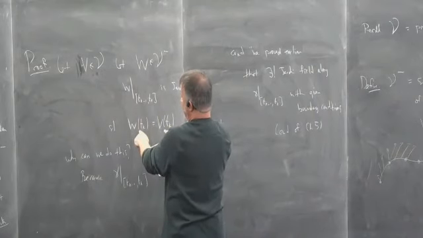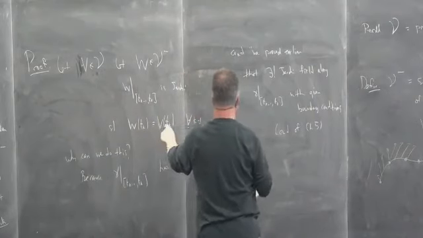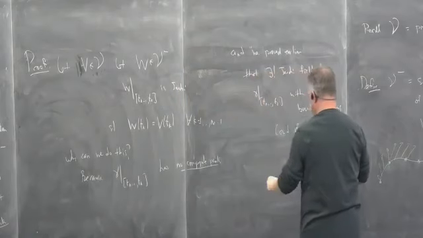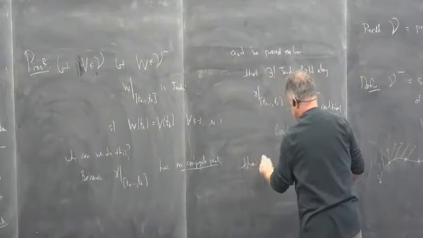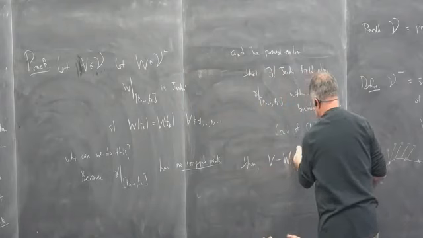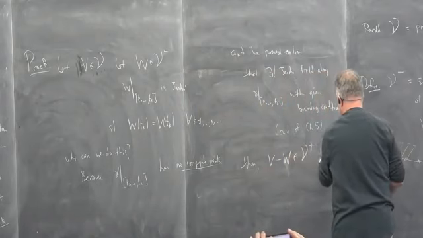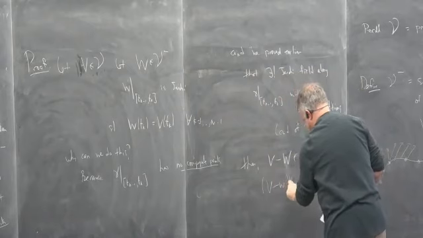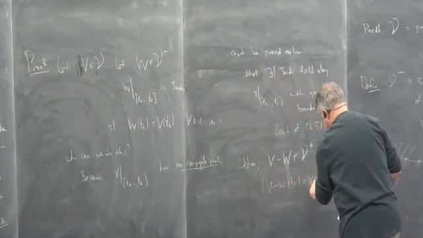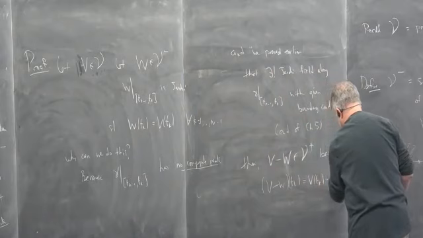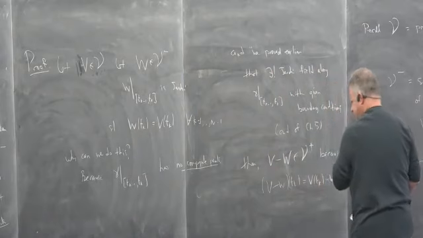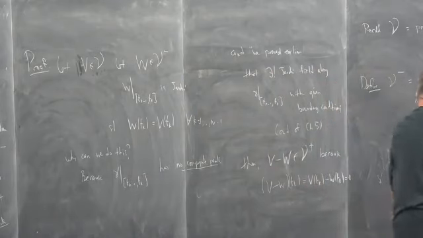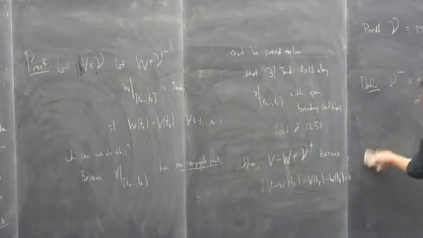So I can prescribe the boundary data, and that's what I'm doing, and I'm making it equal to V. Then V minus W is in V plus, because (V minus W)(t_k) is V(t_k) minus W(t_k), which is 0, right? And that's what it means to be in V plus, that it's the vector fields that vanish at those t_k.